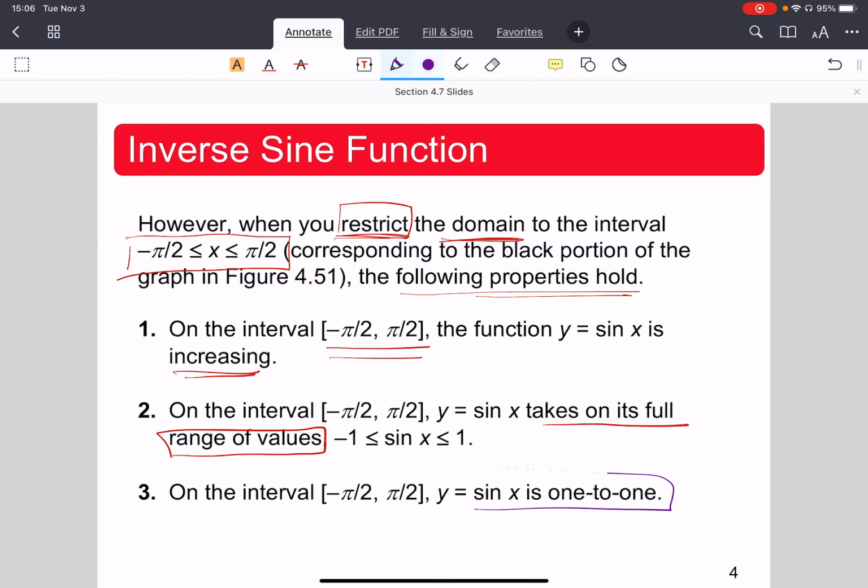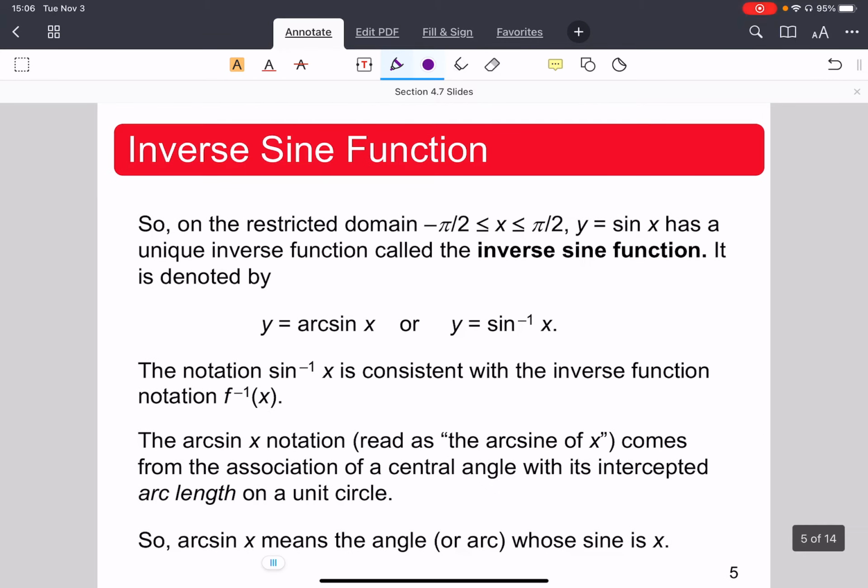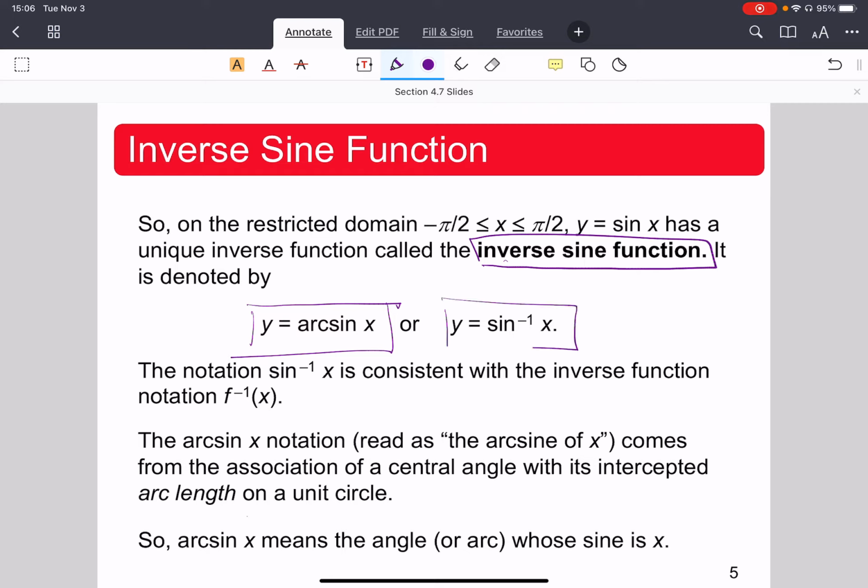So next we're going to define what that inverse is. In that restricted domain, the sine function has a unique inverse function, which is called the inverse sine function. We generally denote that function by y equals arcsine x, or we'll use the notation with the -1 right here.